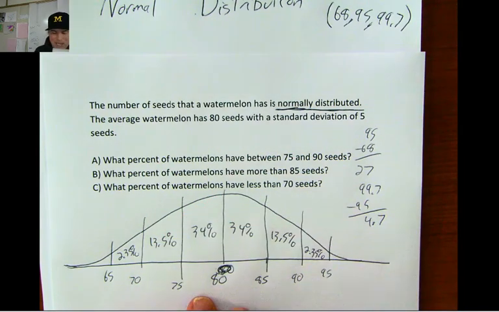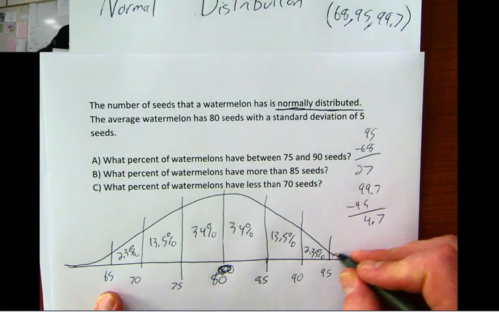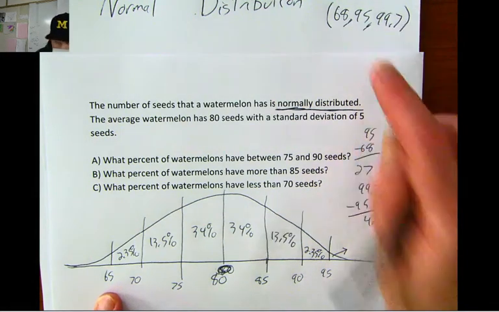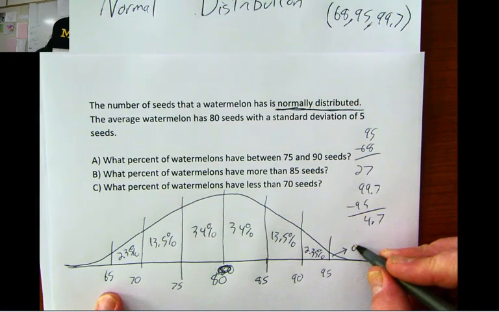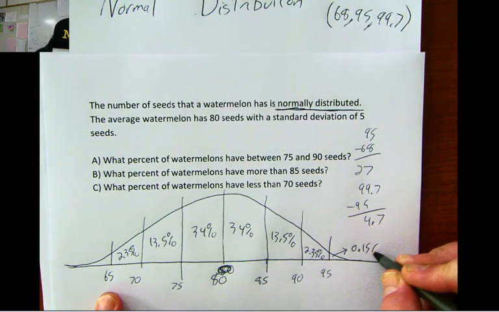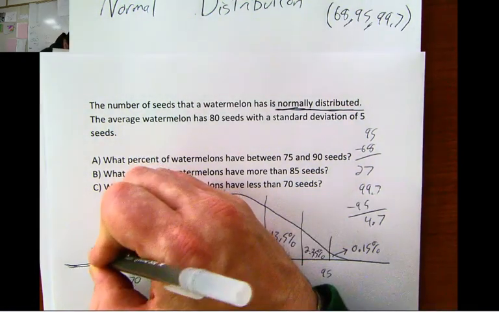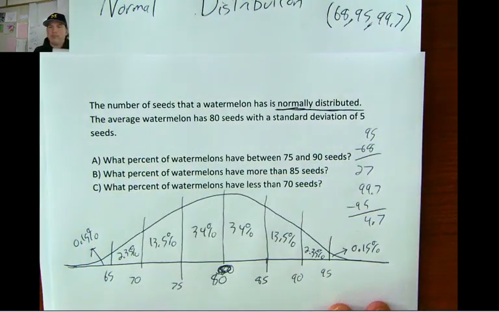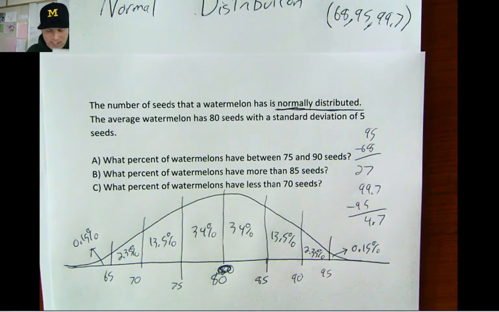So 99.7% of the data falls within 3 standard deviations, which means the rest of it, which is 0.3%, you divide that out amongst the two. 0.15% is way over here, and 0.15% is over here. We have just set up the problem. Now we can actually solve them.